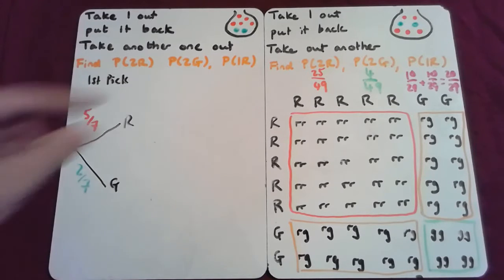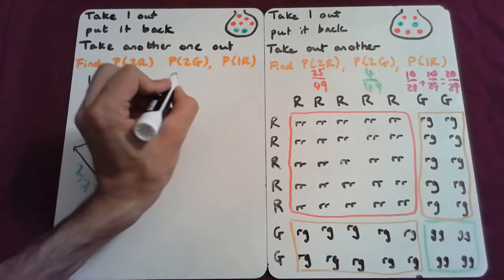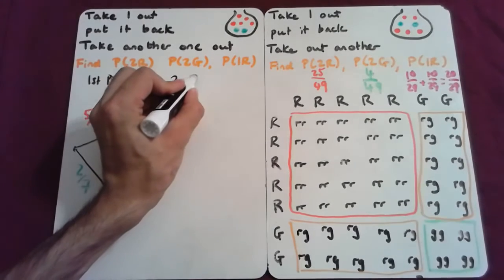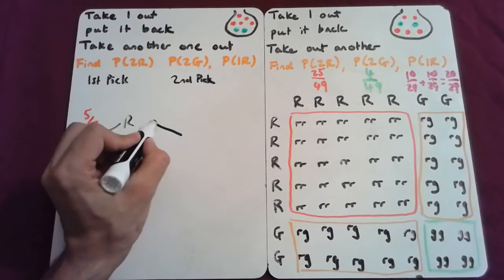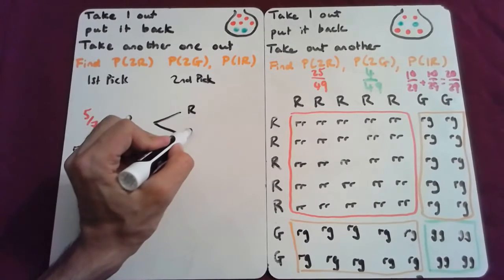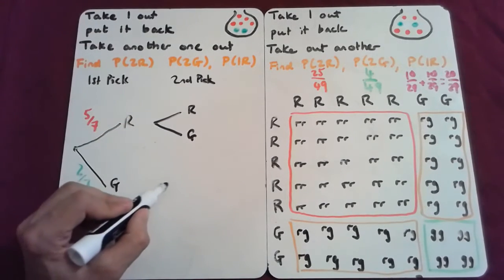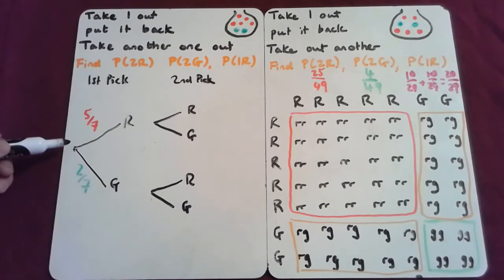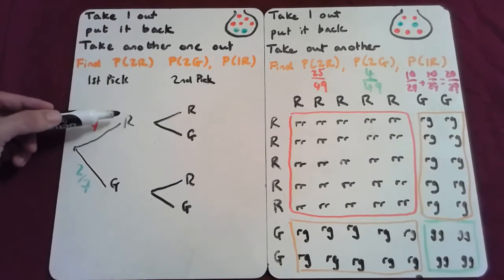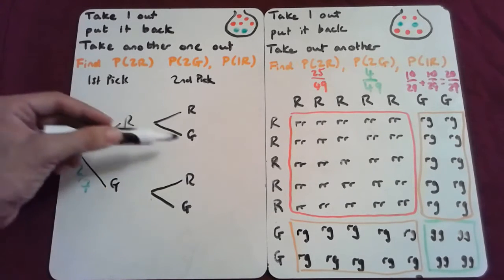Now, if we take that out and we put it back in again, my second pick is going to give me the exact same probability. We're going to get either a red or a green, and either a red or a green. Now this way, if I follow this branch, it means I've got a red first, and then I get a red again, or a red first, then a green.